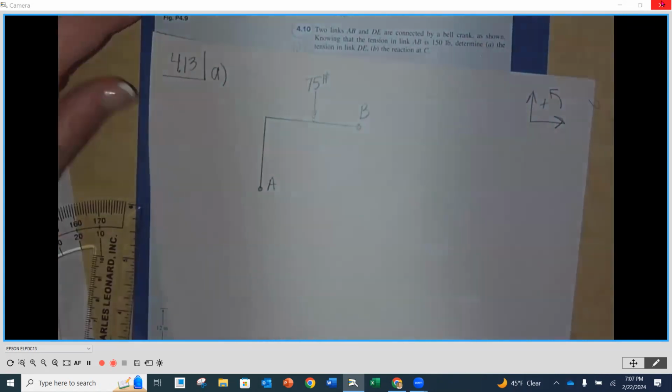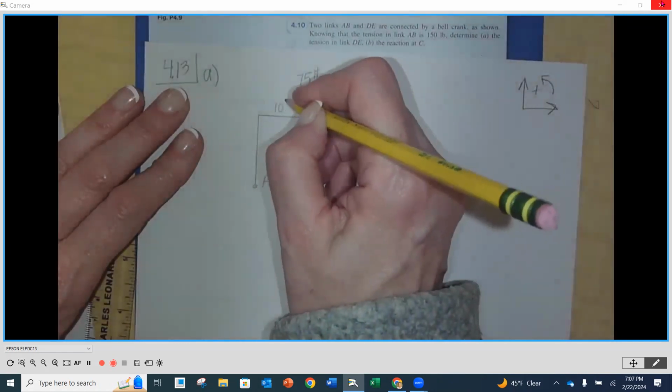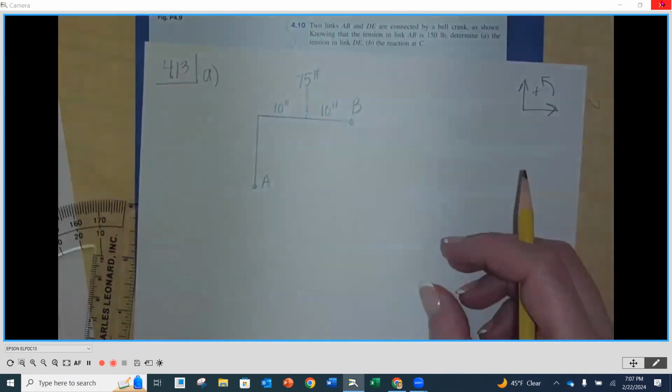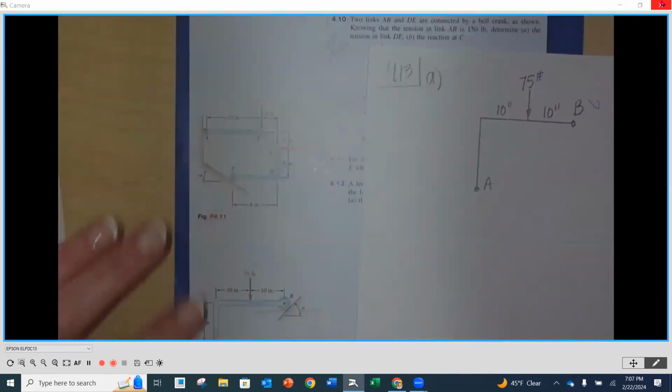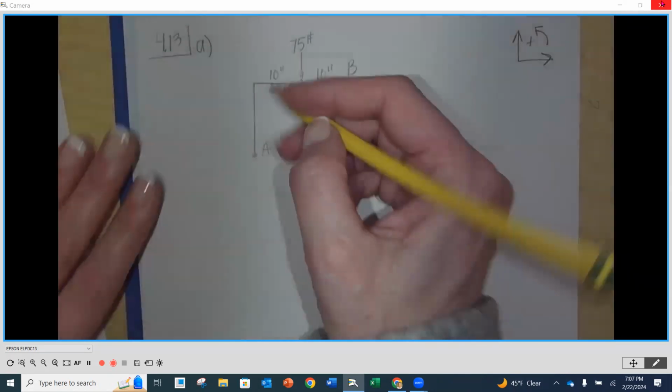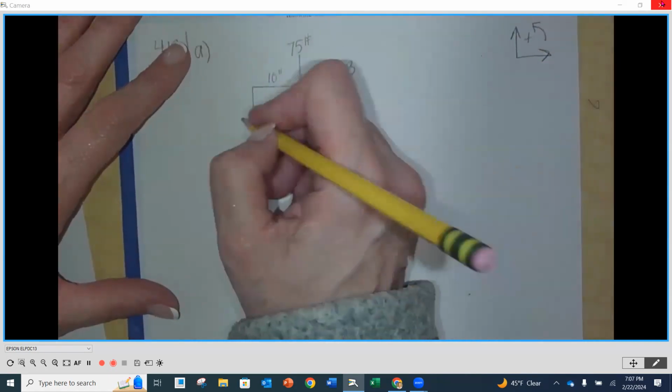I think it was 10 and 10. Okay. And then the distance is 12 from A to the horizontal part.